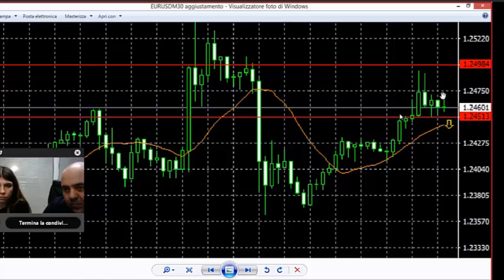But this new bar confirms that the trading range was just a little bit higher. And in this case, we update immediately, just a little bit higher, to be on the grid with the red line.